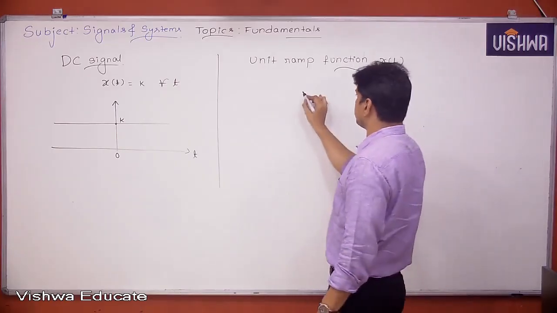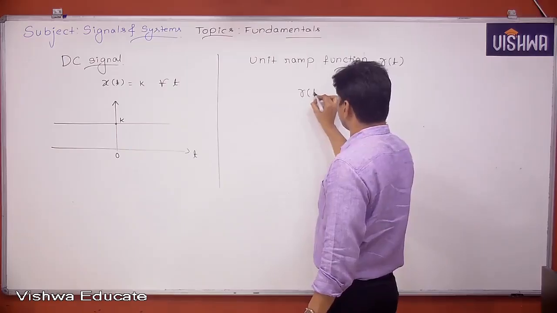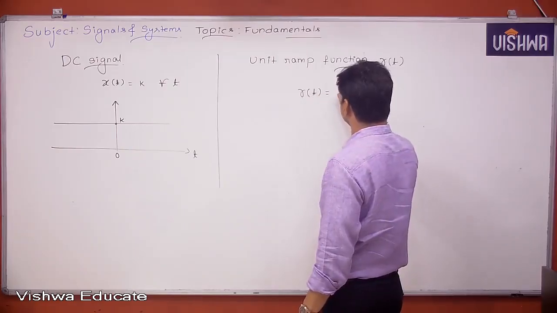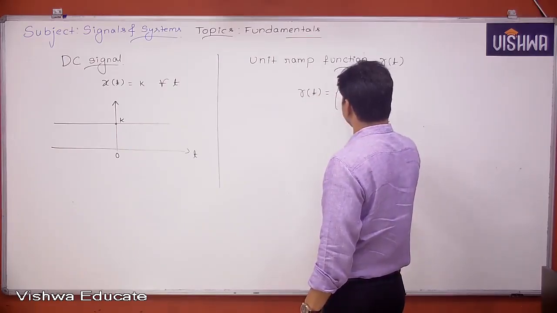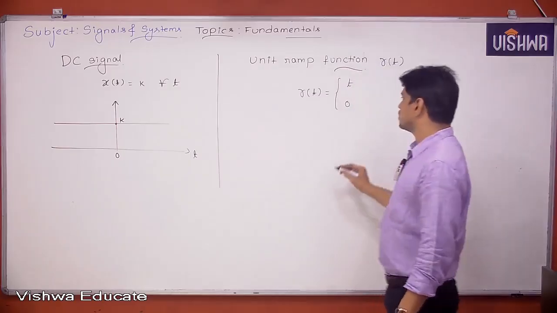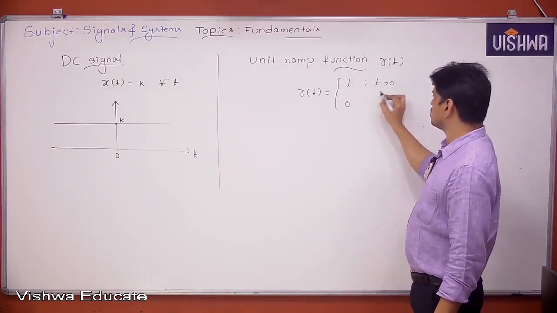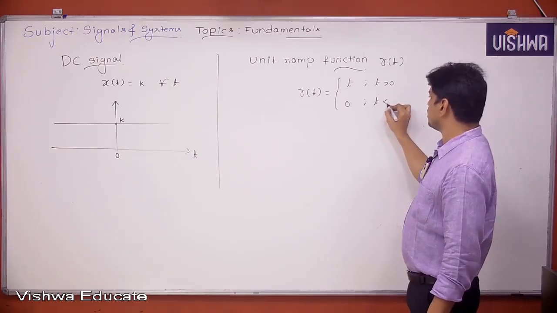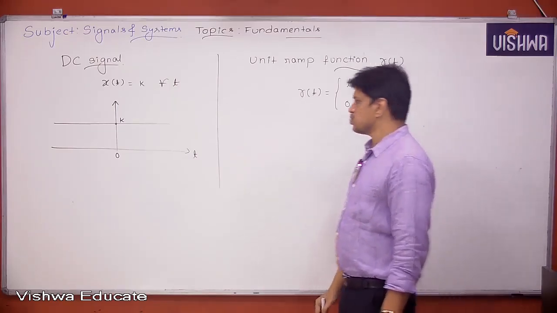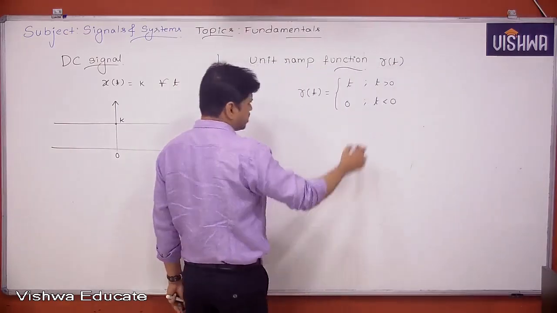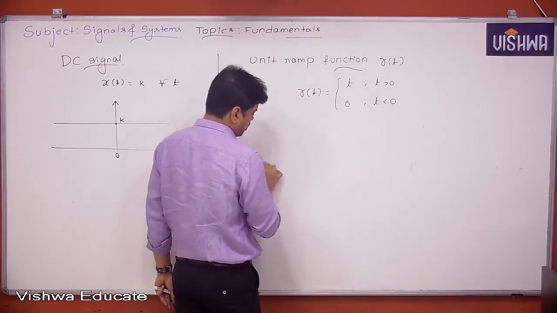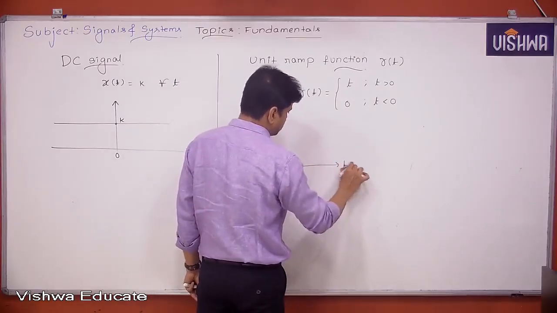Mathematically, it can be defined like this. r of t is equal to t when t is greater than 0, and its value is 0 for t less than 0. That's the mathematical definition. At t equal to 0 also its value is 0. No need to worry, we don't have any discontinuity here.